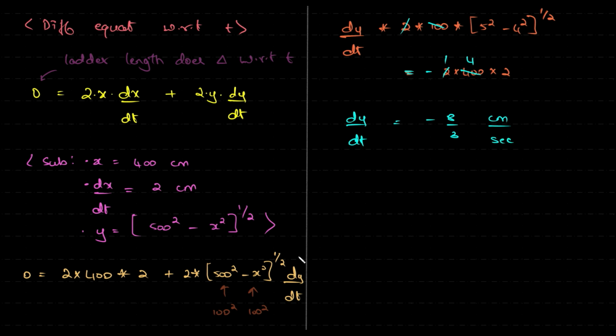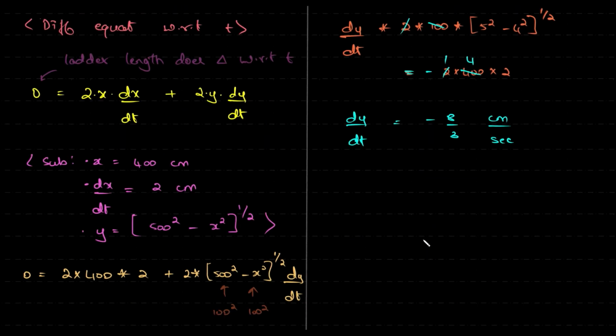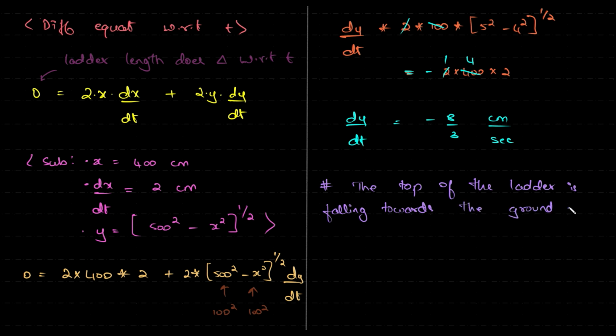I think it's per second. I don't want to make the same mistake. It's second, yes. So finally we can summarize that the top of the ladder is falling towards the ground at a rate of 8 by 3 centimeters per second.